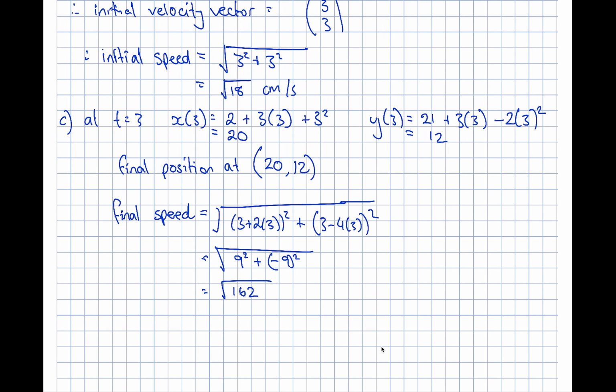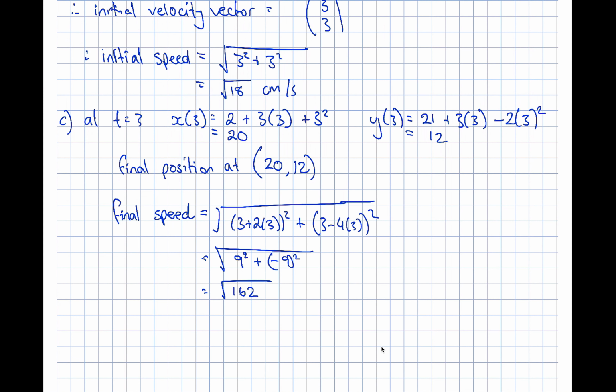D says comment on the particle's acceleration vector during the motion. So we've just been working with doing the first derivative, but no different, the acceleration vector is just going to be equal to the second derivative of the x and y in t. We don't have to just comment on it.